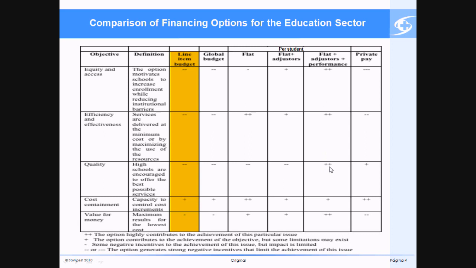For example, where you have the flat with just the adjusters for equity and access, that did not necessarily lead to an enhancement of quality. However, if we add a performance adjustment, then we could encourage quality as well. It is this model then that we are proposing, a per-student model, but with adjusters to promote access and equity and to promote improvement in quality.